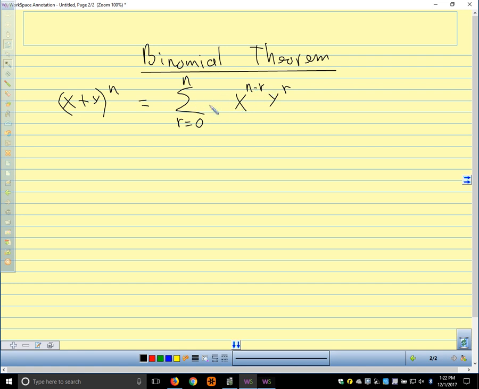And this number out here in front, we can just write the numbers from Pascal's triangle. Well, it turns out there's another way to represent those numbers. And this is going to connect with what we do next time when we talk about counting. And the way that we're going to write that is nCr. nCr is called the binomial coefficient.